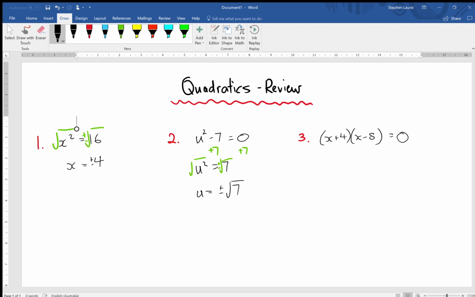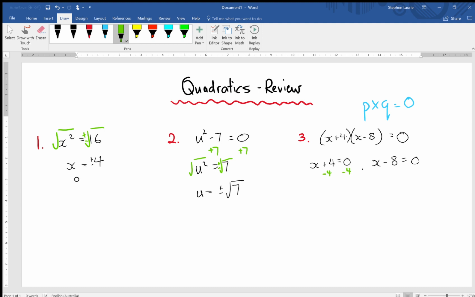Did you remember that when we have two things like a p and a q multiplied by each other and they equal 0, well, either the p equals 0 or the q equals 0, or maybe both of them. So in this kind of question we can set x plus 4 equal to 0, or we could set the x minus 8 equal to 0.